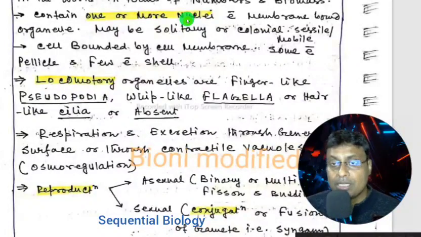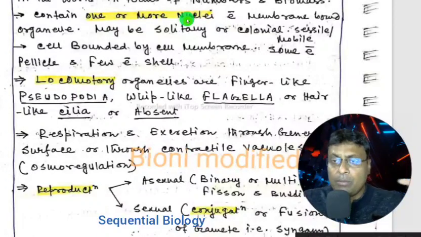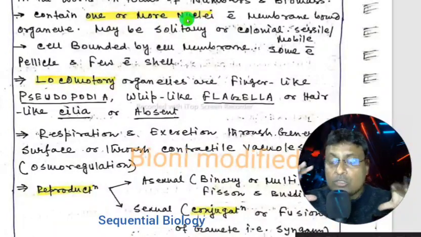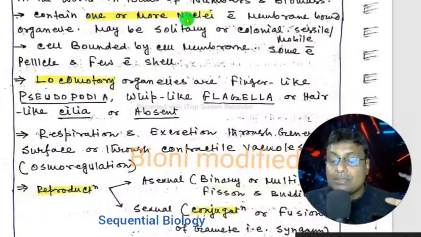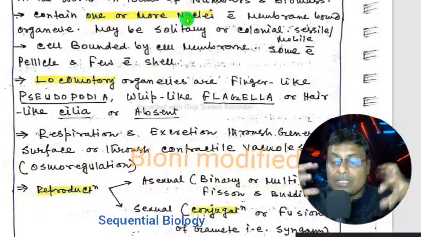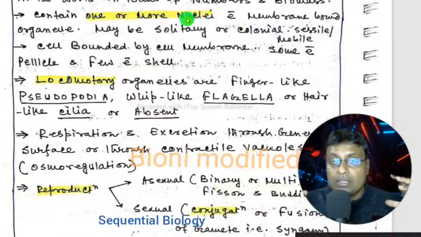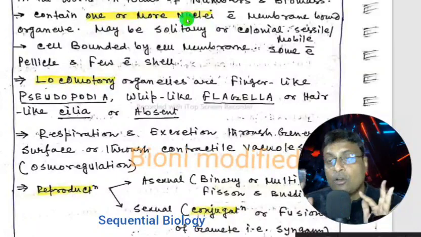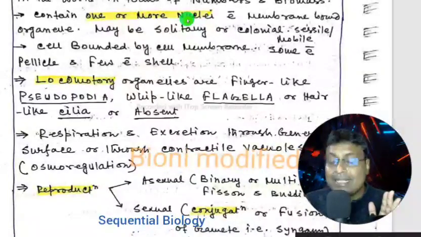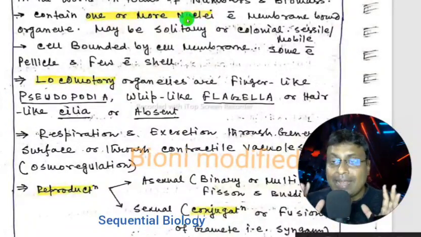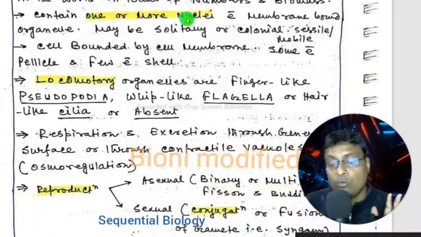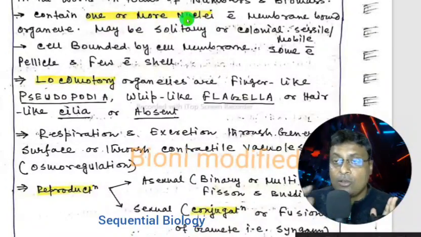They may be solitary, or they may be colonial. Solitary means they are present singly, and colonial means when many protozoa accumulate in a particular space, they are called colonial. They may also be sessile, which means they attach to a particular substratum and cannot move, or they can move from one place to another.